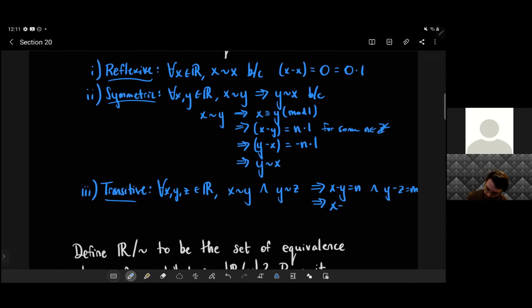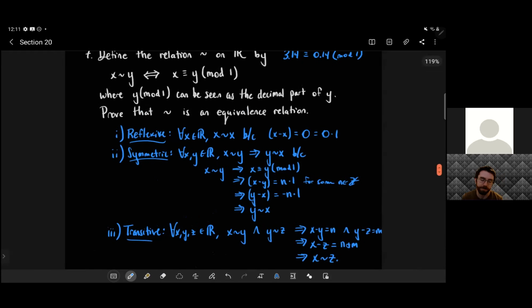So that implies x minus z is, you can sort of add those two equations together, so that's n plus m. I didn't write everything explicitly. I should have been like, oh, for some n and m in the integers, and then that's an integer. But I'm really hungry, so that implies that. All right, so it's an equivalence relation. You'll see stuff like this in higher math courses. Becomes a useful equivalence relation, actually.